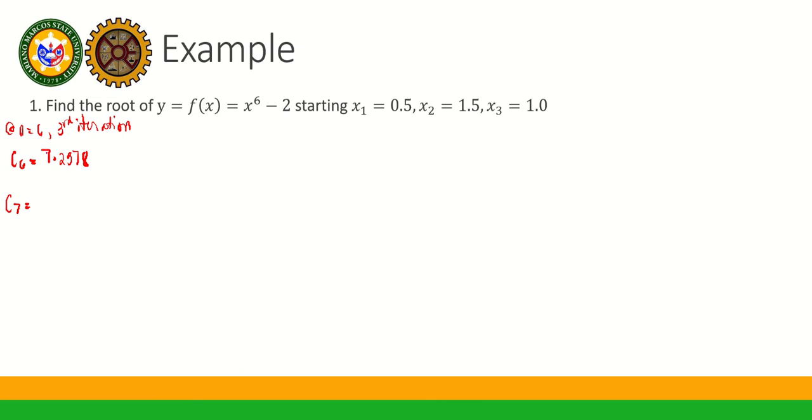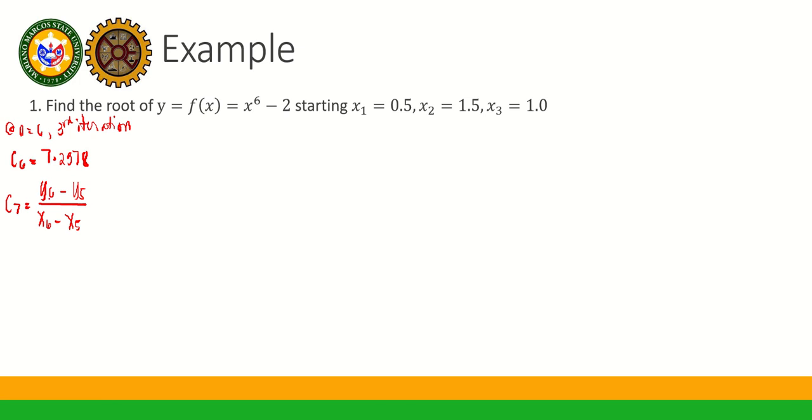Okay? So, now, let's proceed sa ating third iteration where n is equal to 6. So, meron na tayong value ng c sub 6. So, kukompute na lang natin is c sub 7. So, the formula will be y sub 6 minus y sub 5 all over x sub 6 minus x sub 5. Okay, so this should be y sub 5 kasi ang n pala natin is 6.